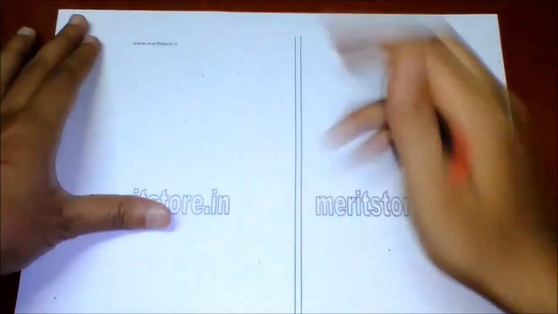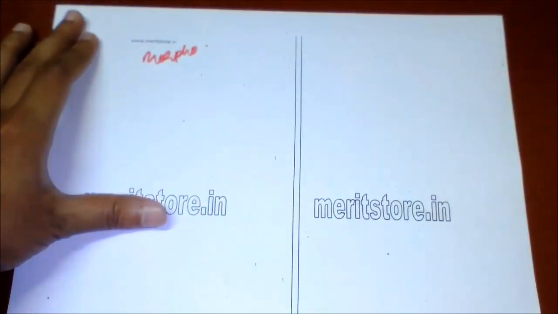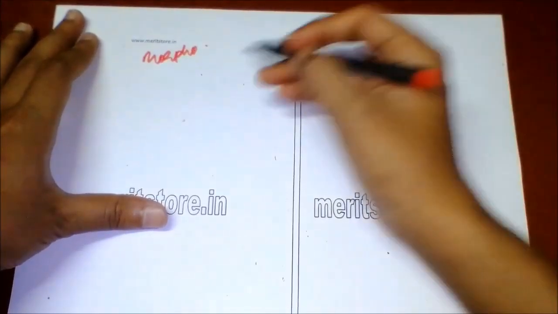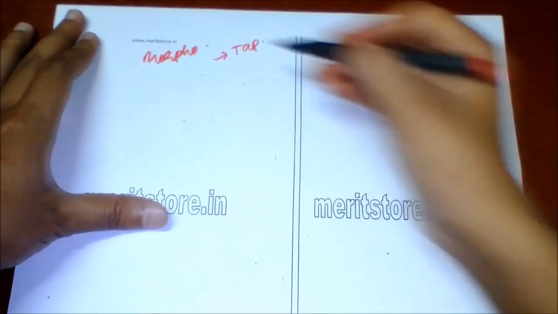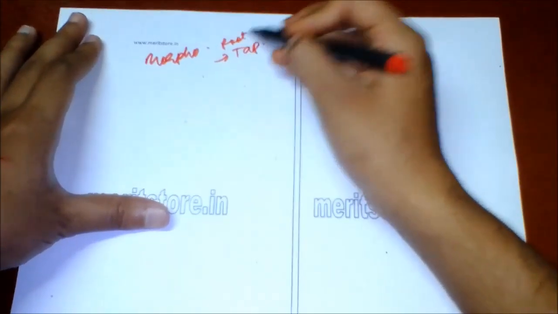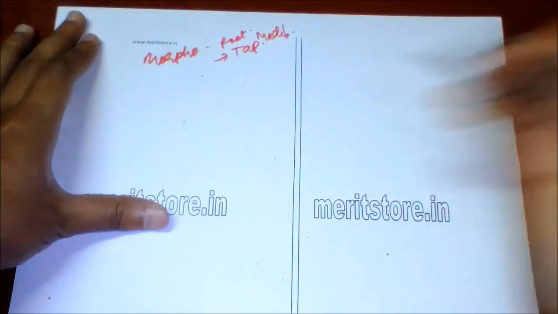In unit 2, the first chapter is morphology of flowering plants, the structural organization in plants. In morphology, you have to remember the different divisions like taproot system for roots, and the different modifications of root.